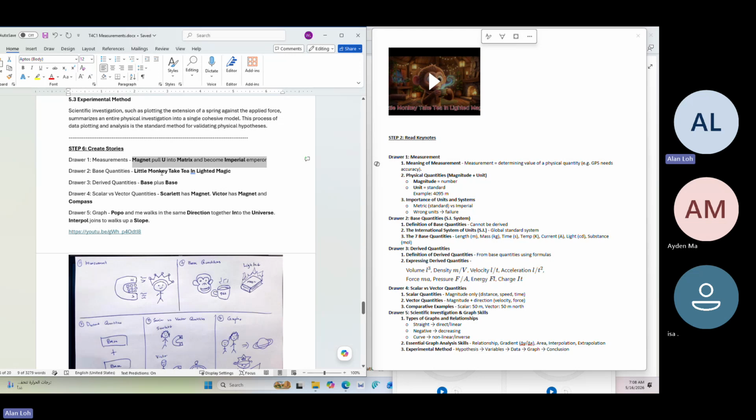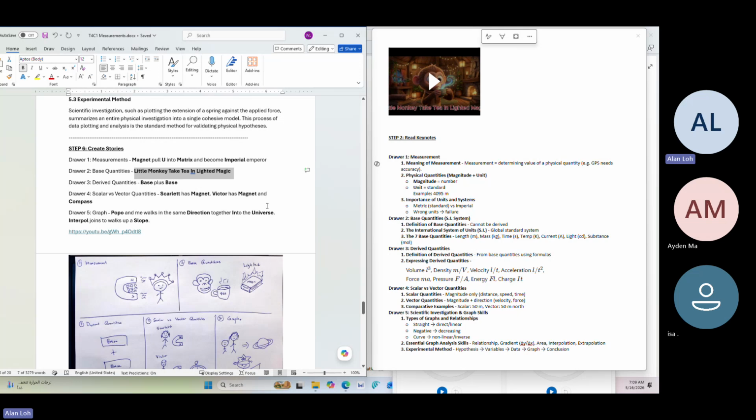Base quantity. Little monkey take tea in lighted magic. So you can imagine there's a little monkey, like a baby monkey, but I call it little because L represents something, not B. The L in little represents something. You still remember you have 7 base quantities. If you can remember this story, then you are able to remember the 7 base quantities easier.